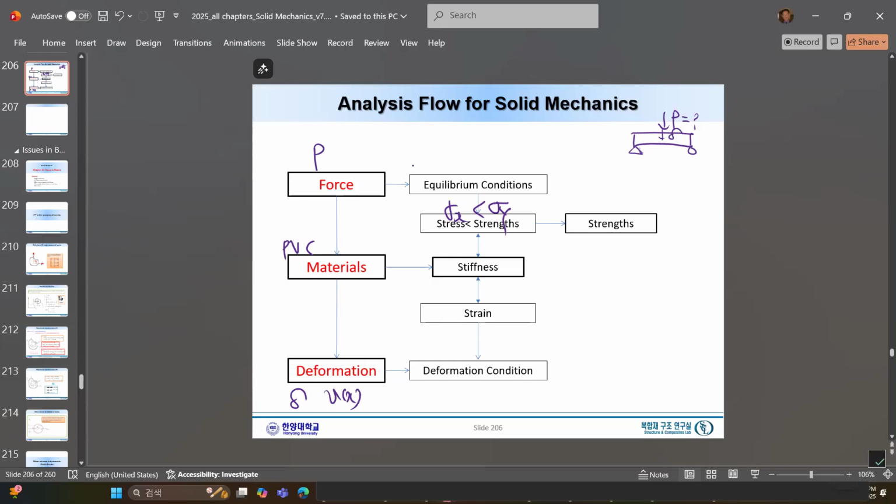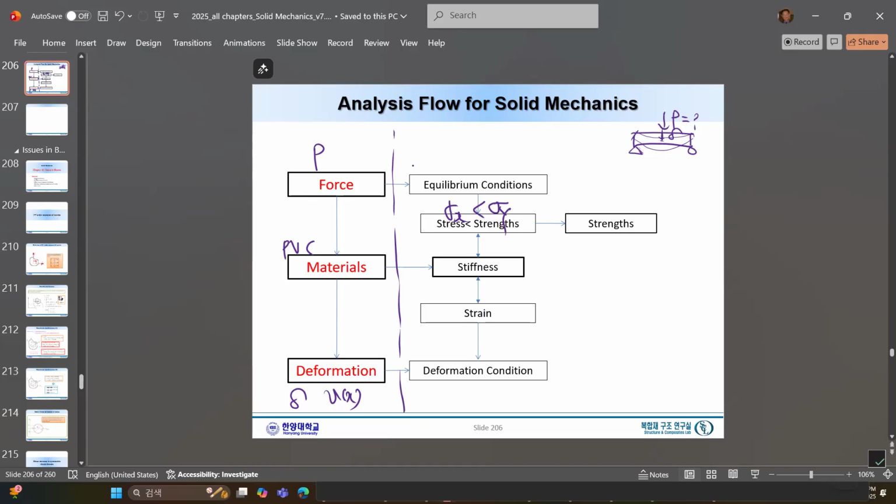If we know the deflection curve, it would be nice. We can imagine this would deform like this, right? And this is the maximum delta. So deformation condition. This three-step is the outer external condition: force P, PVC beam is given, and deformation is what we'd like to know because we can observe the outside.